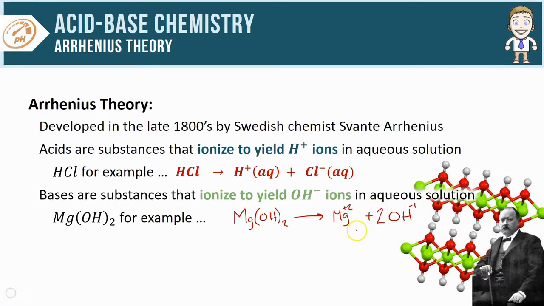And since this is taking place in water, of course, my ions are likely to be dissolved in that water, so I'll represent that by putting (aq) with each ion. So that's the completed equation, and it's a great way to show how a substance like magnesium hydroxide fits the definition of a base, since in the products I can see that it has dissolved or ionized to yield hydroxide ions.